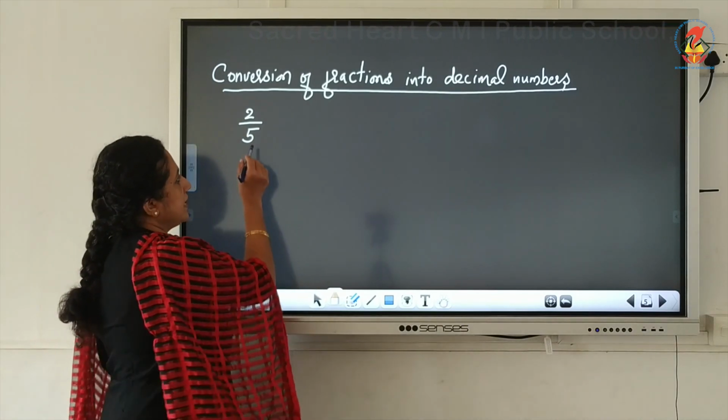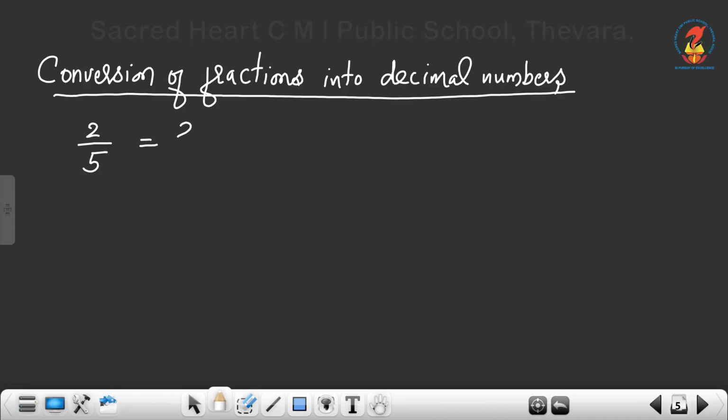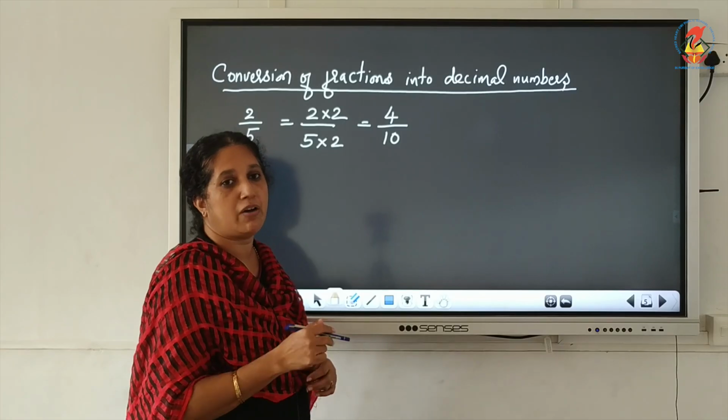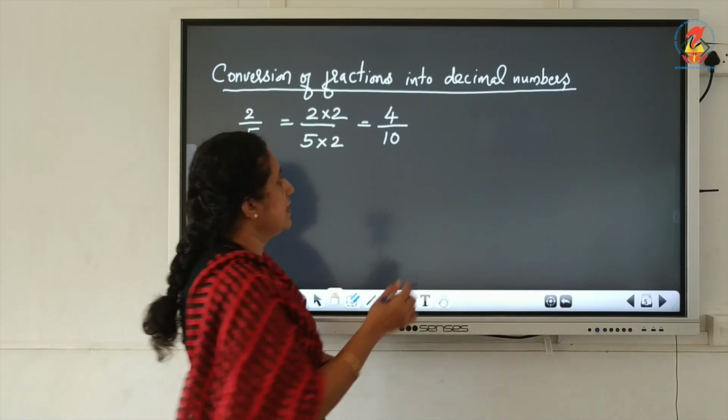So can you make the denominator 10? How can we make it 10? You have to multiply both the numerator and denominator by 2. So we get 4 by 10. So we got the decimal fraction. After getting the decimal fraction, you know how to convert it into a decimal number.